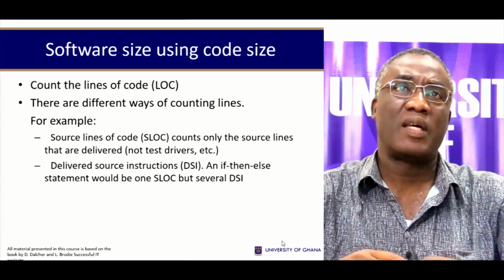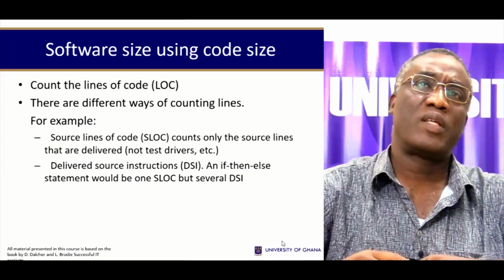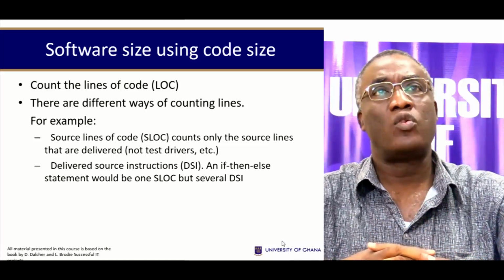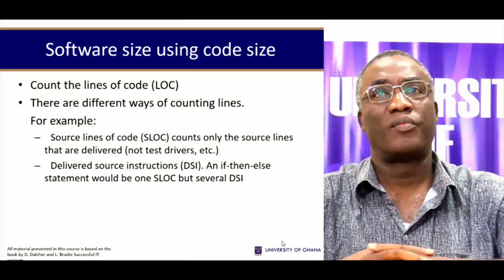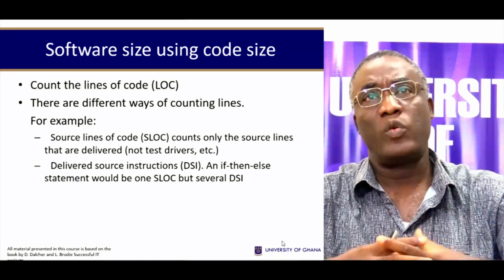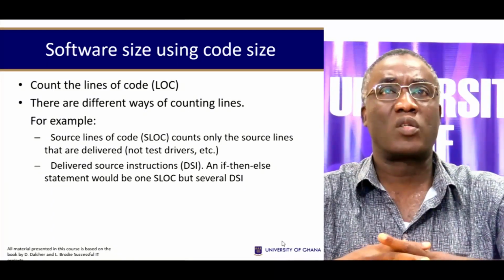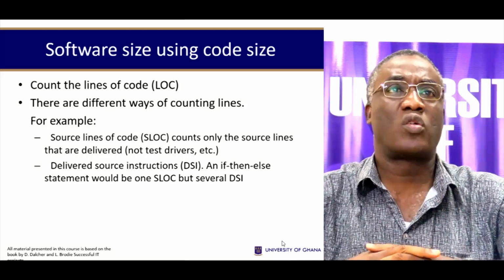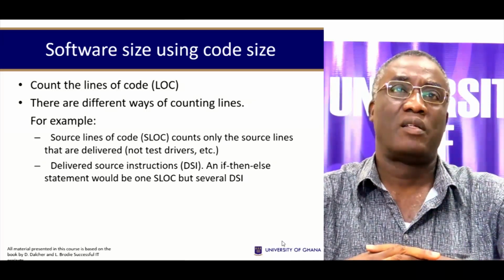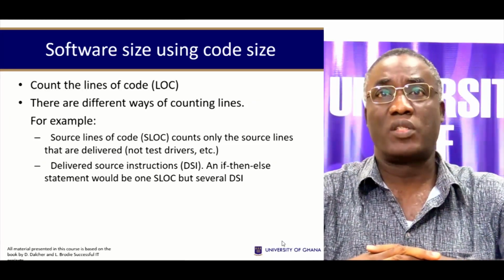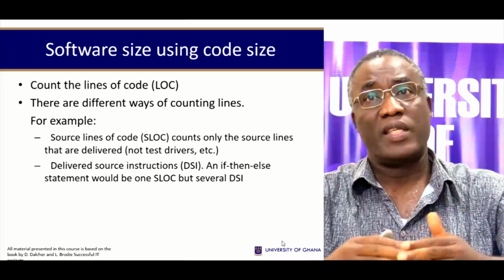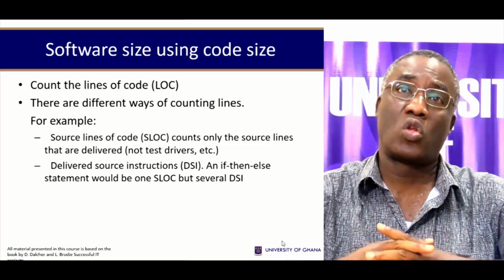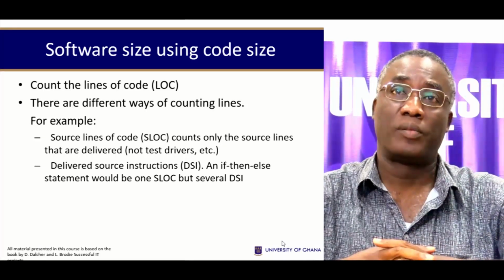But what do you mean by code size? When you estimate software size using code size, you can do this by counting the lines of code. And there are different ways of counting the lines. For example, the source lines of code, in which you count only the source lines that are delivered. Or you can count the delivered source instructions. So if there's an if-else statement, that should count as one SLOC, that's source line of code.